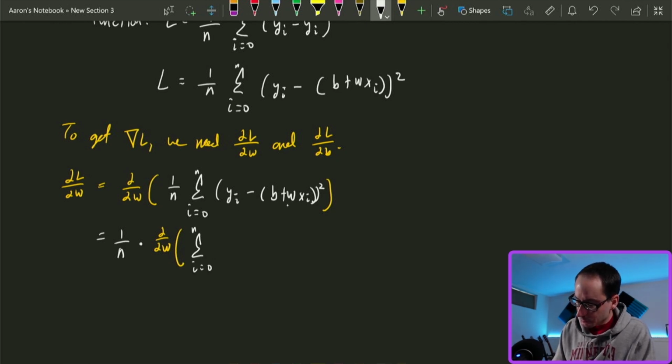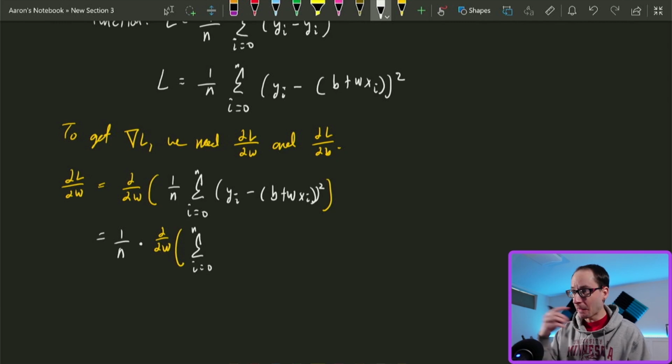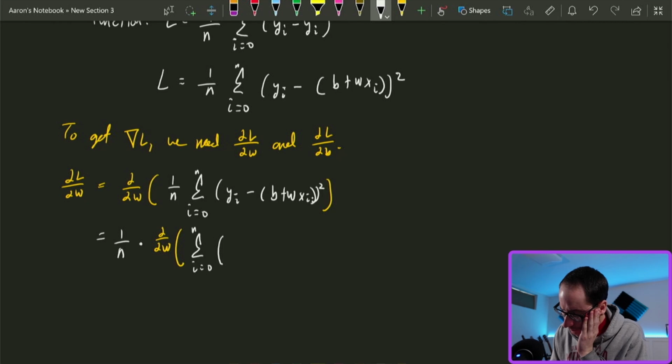Now, in order to take this derivative with respect to w, you have this w inside something being squared, that loss function there being squared. So I'm going to go ahead and expand this out so that I can take the derivative, right? These parentheses on the inside don't do much other than distribute the negative, so we've got to make sure we do that. But then we're going to just FOIL this out.